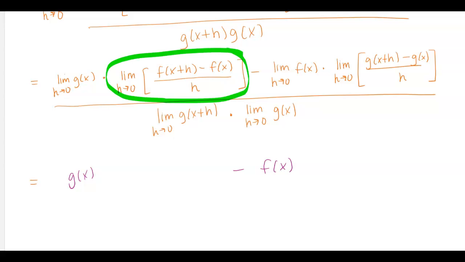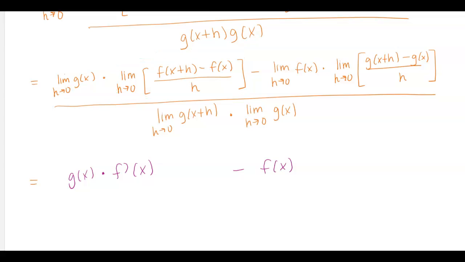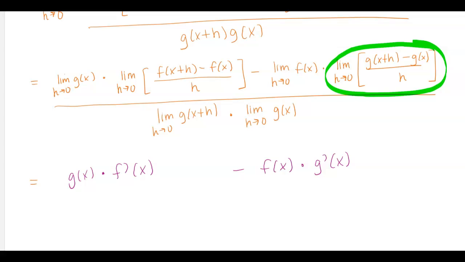This is the definition of the derivative, so this is multiplied by the derivative of f. And similarly, this is the definition of the derivative, so this is multiplied by the derivative of g.